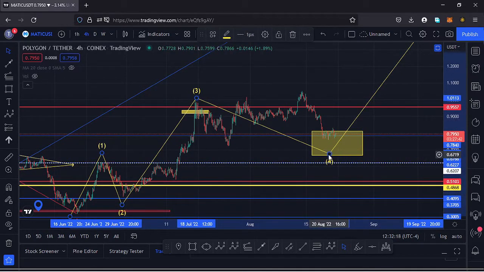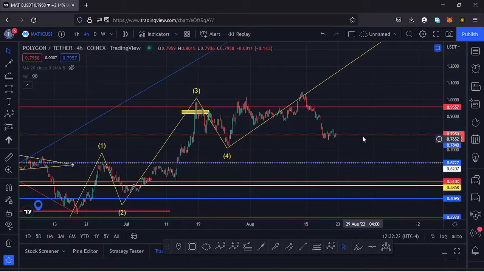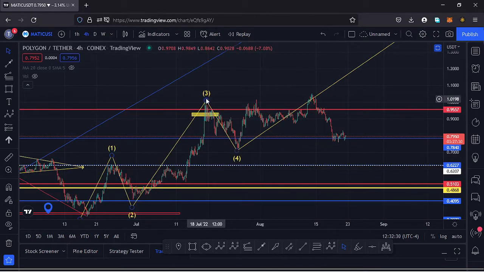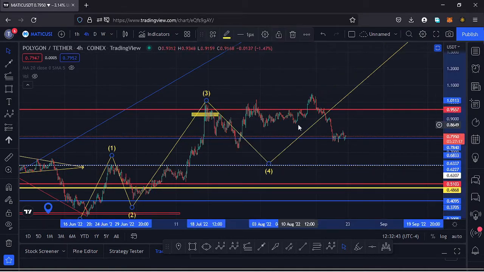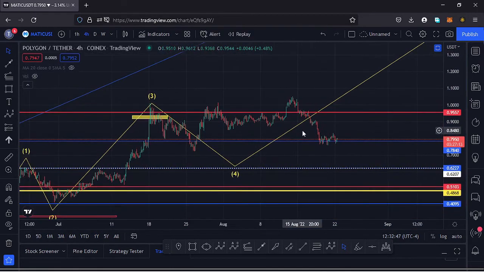Then I expected a very nice retracement here on the charts in the formation of a wave 4, and I even had a target area for that fourth wave to the lower side, but Polygon Matic has invalidated that move of the formation of a wave 4 and the high for that third wave, and that move was invalidated when we managed to break above the key area of resistance at around the $0.95 mark.